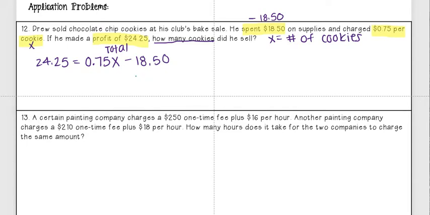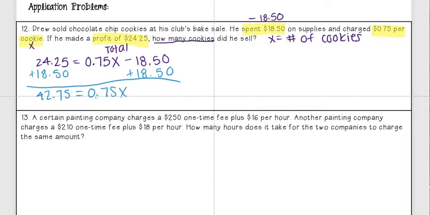And then now I'm going to solve. So I'm going to add $18.50 to both sides. And so when I add $18.50 to both sides, I get $42.75 is equal to 0.75x.